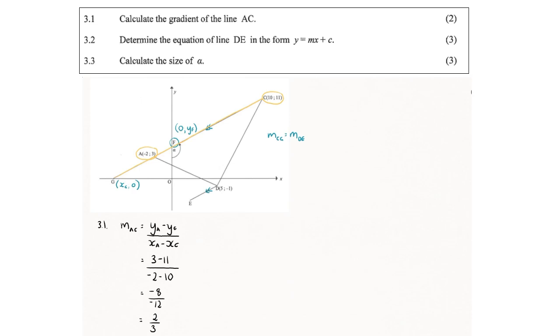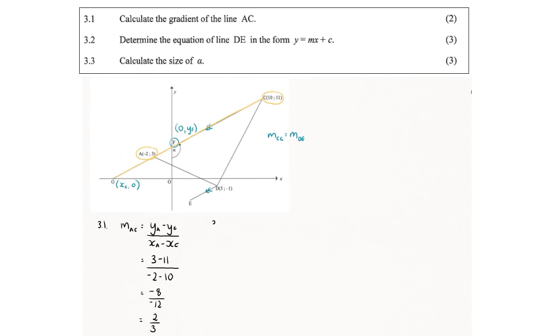For this question, you get 2 marks, 1 mark for the correct substitution into the gradient formula, and 1 mark for the correct answer. In question 3.2, they ask us to determine the equation of line DE in the form y equals mx plus c.